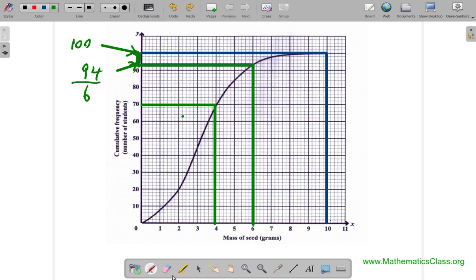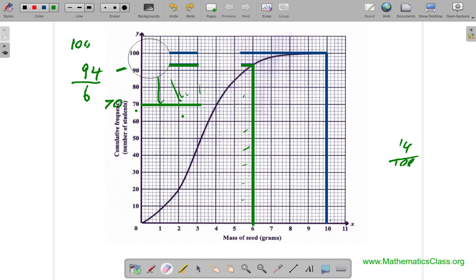So this looks like about 70, and this, yeah, 94. So you'd say 94 minus 70, that's about 24. So it would be 24% if they had asked the probability of a student who estimated the mass between 4 and 6 grams. That's what would have happened.